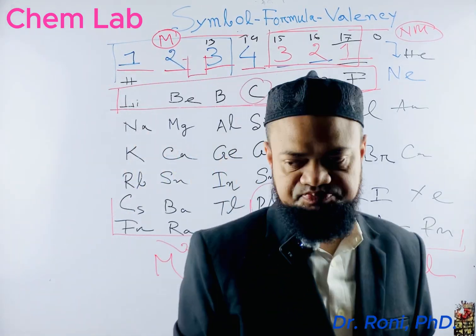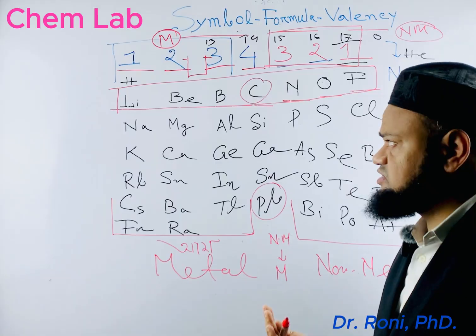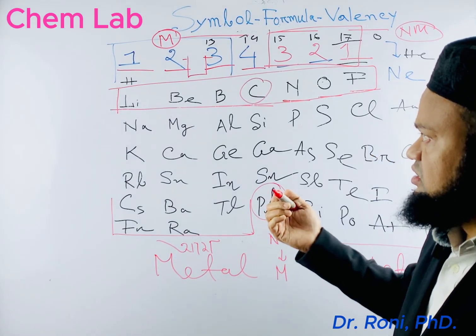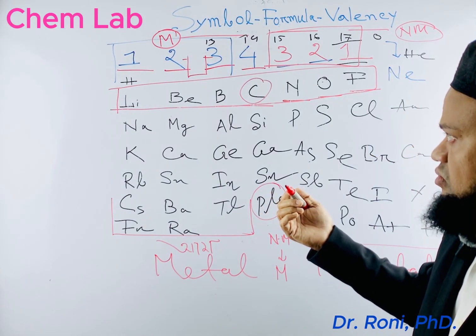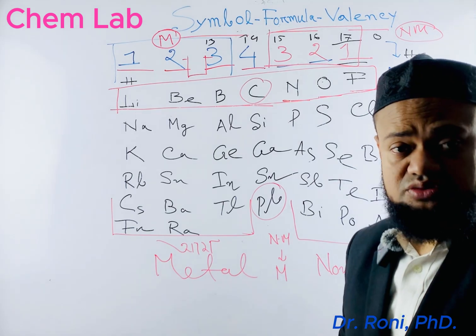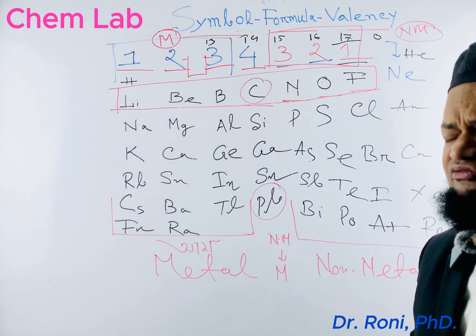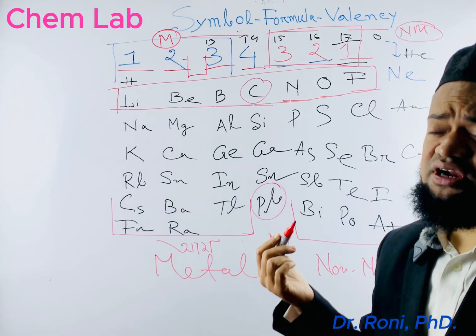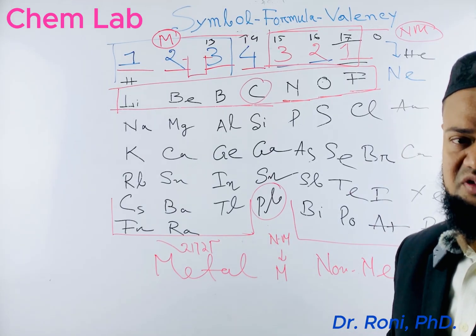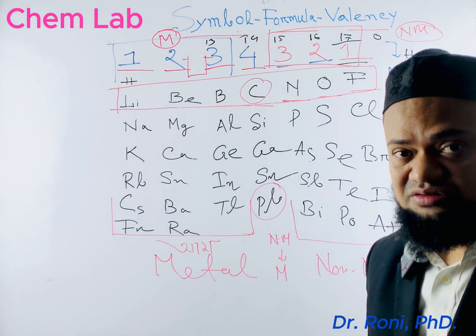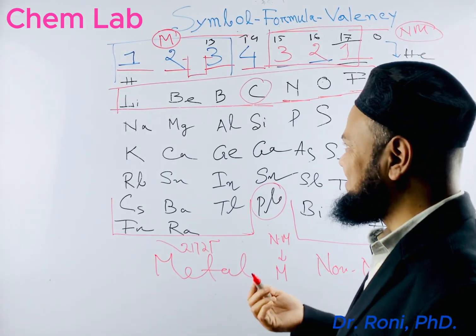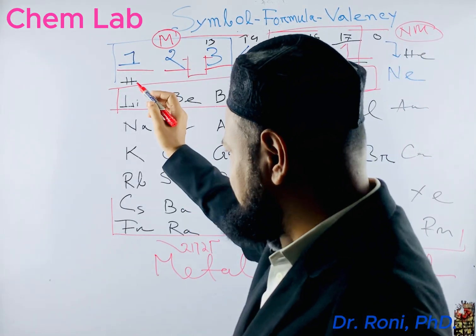The last thing we can also understand very simply is their oxidation number. Very critical, but we can learn it very simply, very softly, in a sweet manner. What is that? Okay, let's come on.